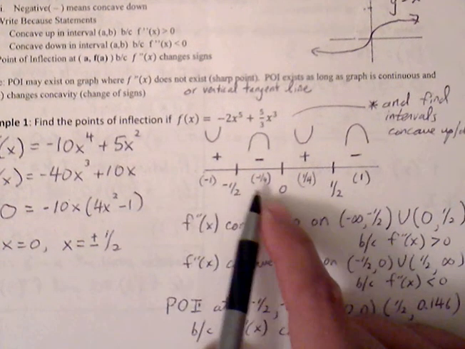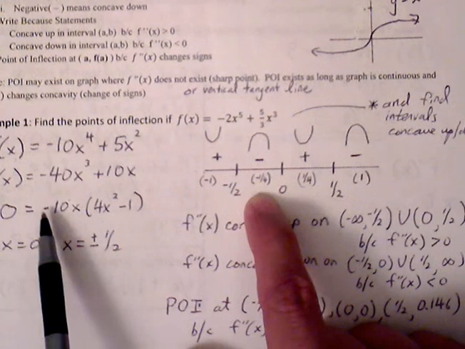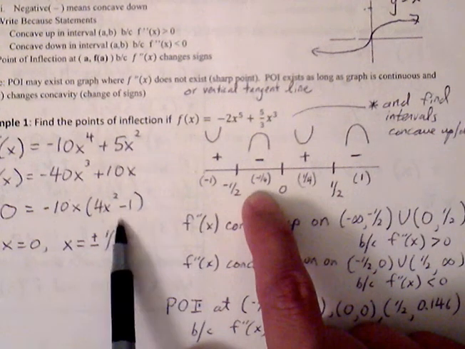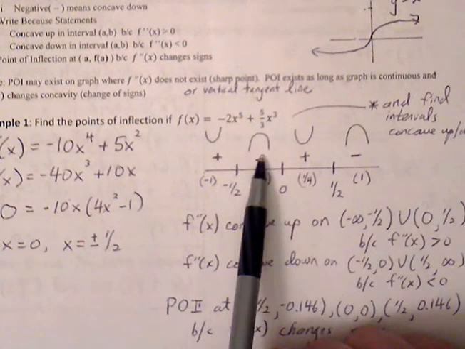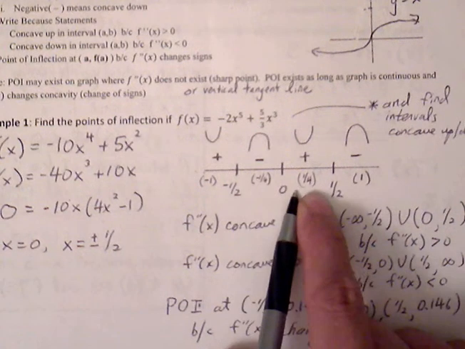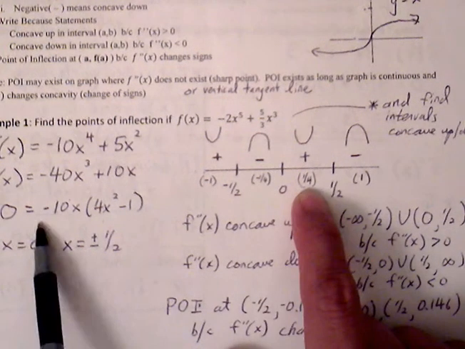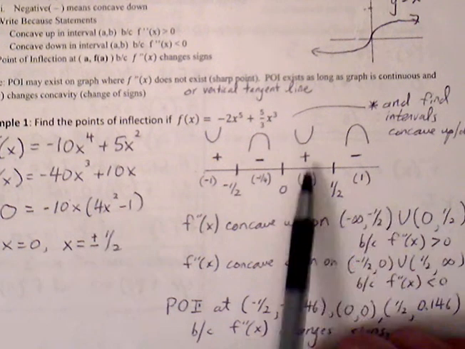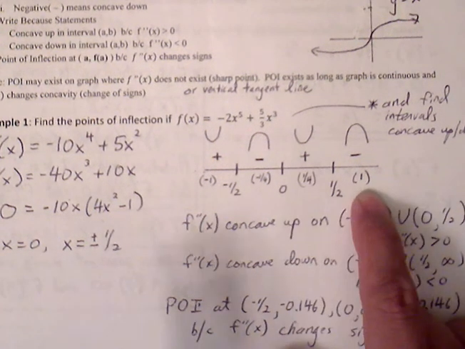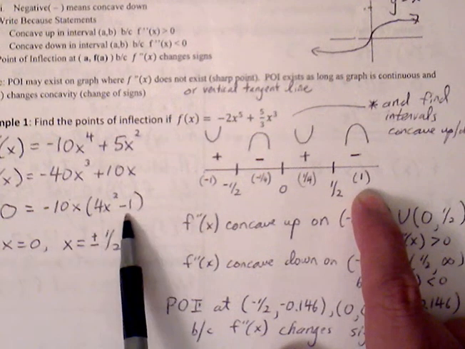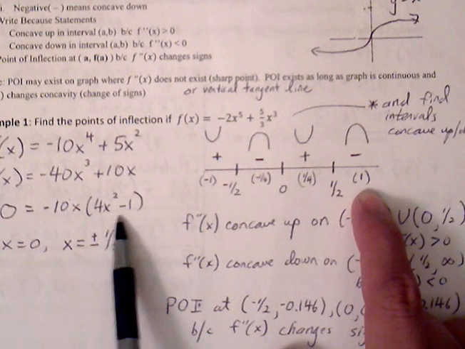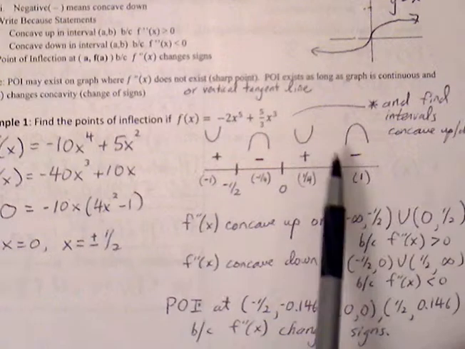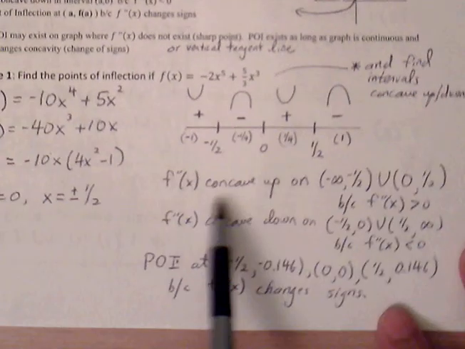Here, if I choose negative 1/4, I will get a positive and a negative, so therefore concave down. If I choose positive 1/4, I'll get a negative times a negative, which is a positive. And finally, if I choose 1 here, I'll get a negative and a positive, which is negative.